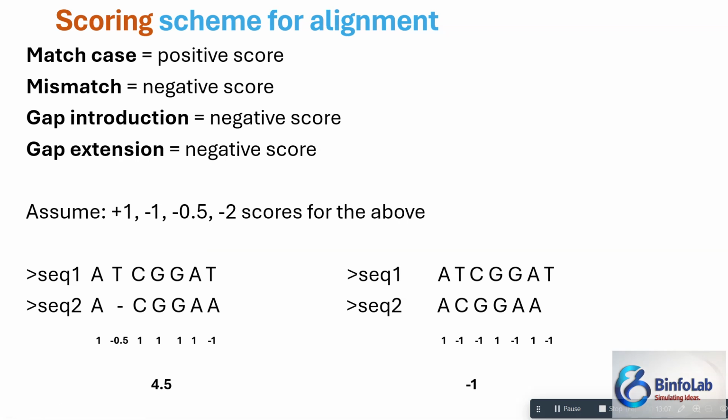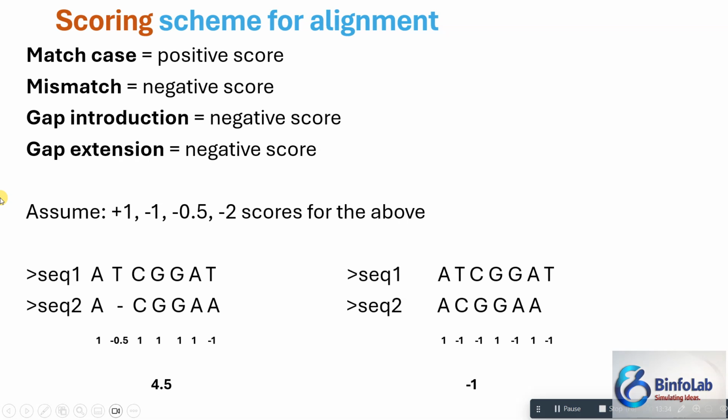Let's say one sequence is ABC and another sequence is DEF. Both these sequences are completely different. But if we allow the use of gaps, then we will say ABC, then gap, gap, gap, and then DEF, with gap, gap, gap on the upper sequence.